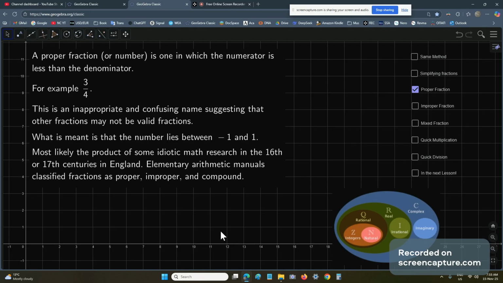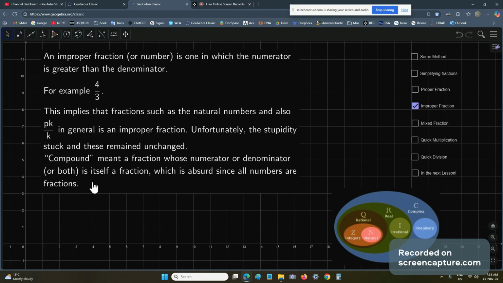So what is an improper fraction? An improper fraction is one where the numerator is greater than the denominator. Of course, another garbage concept, because this implies that fractions such as the natural numbers and also anything in the form of pk over k, for example, 6 over 3, is an improper fraction. That's nonsense. 6 over 3 is 2. So 2 is an improper fraction.